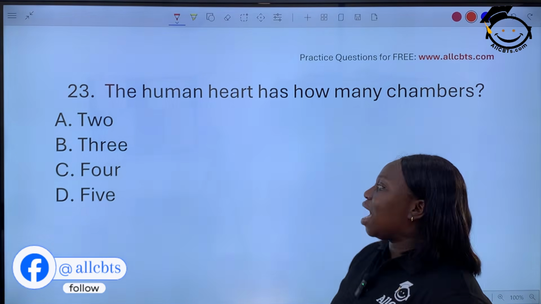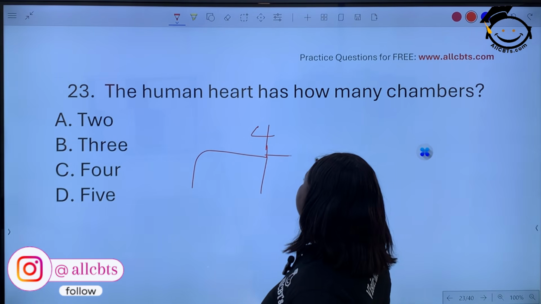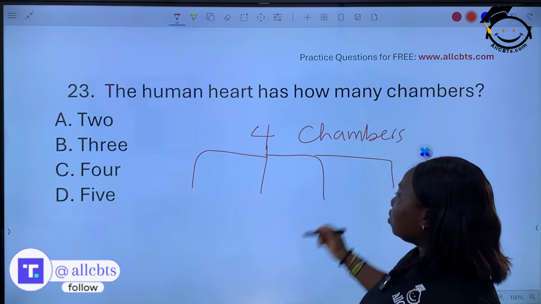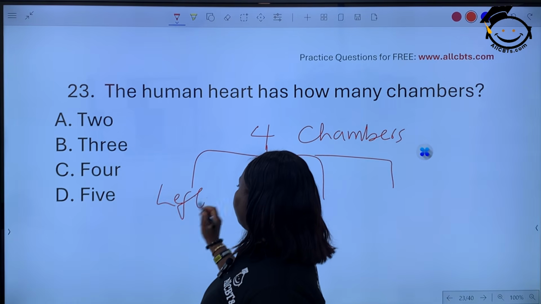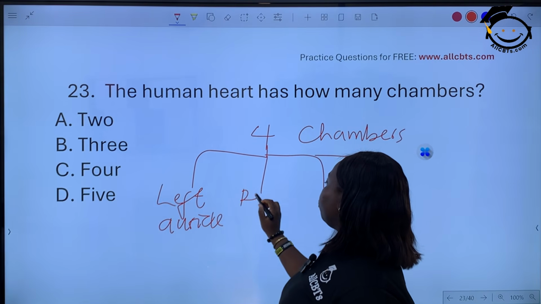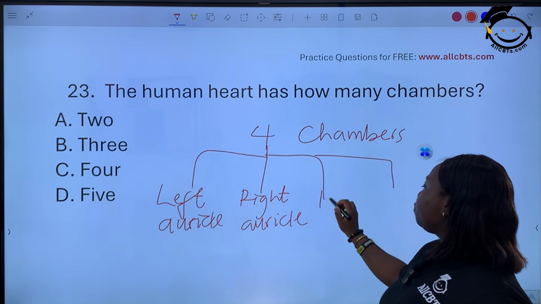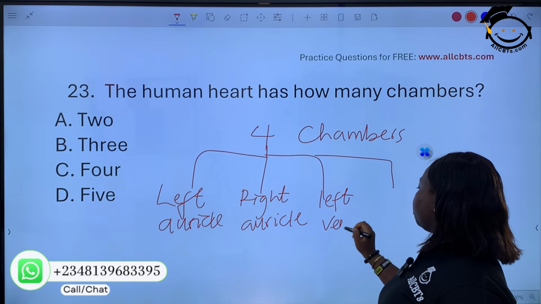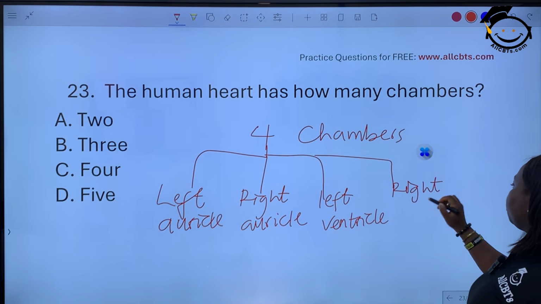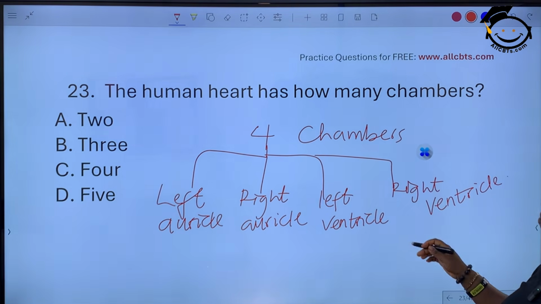Now, the human heart has 4 main chambers, and these 4 main chambers are the left auricle, the right auricle, the left ventricle, and the right ventricle. So these are the 4 chambers of the heart.